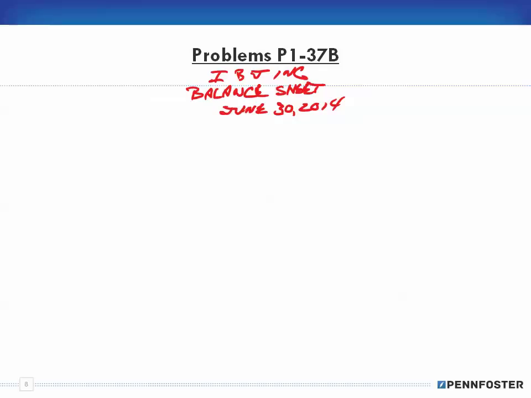Now, just like with the income statement and the statement of retained earnings, if you understand the structure of the financial statement, it becomes relatively easy to format, okay? You can start out by writing your assets over here, and then you have liabilities here. And I'm going stockholders' equity here.